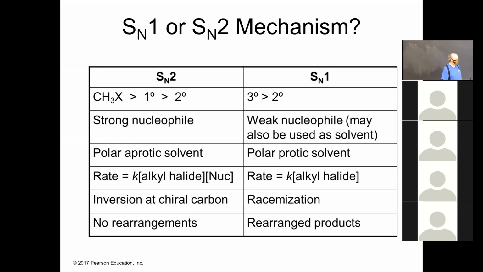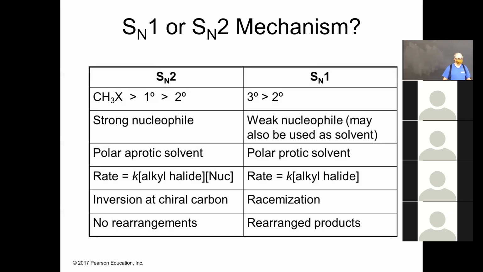Here's a summary of the difference between SN1 and SN2. Substrate reactivity is just completely the opposite. For an SN2, you have to have a strong nucleophile. For an SN1, a weak nucleophile is okay.